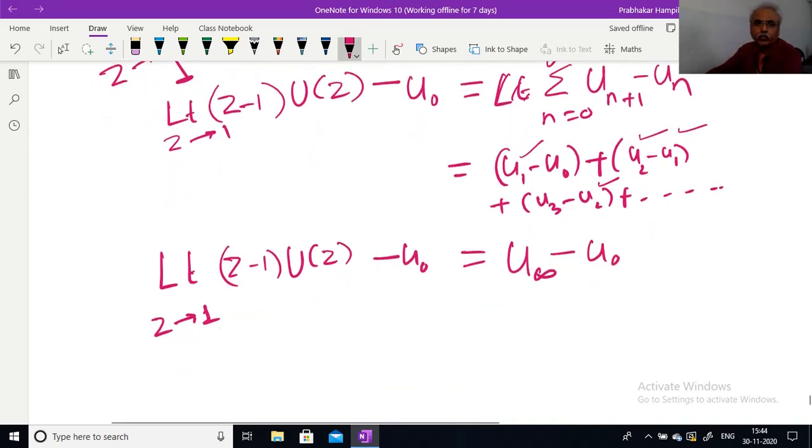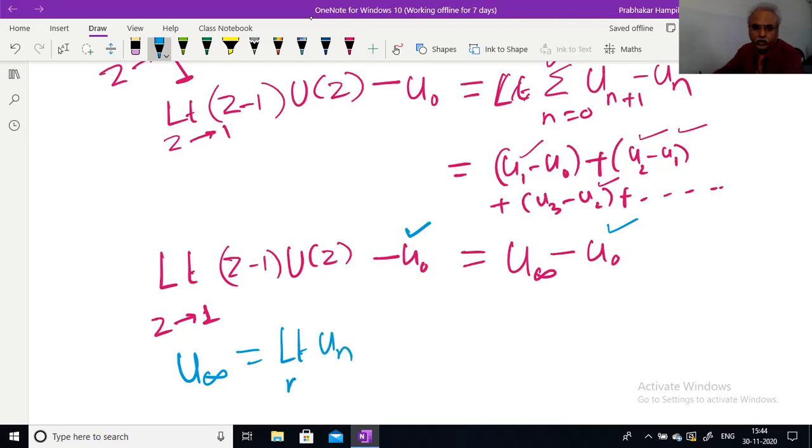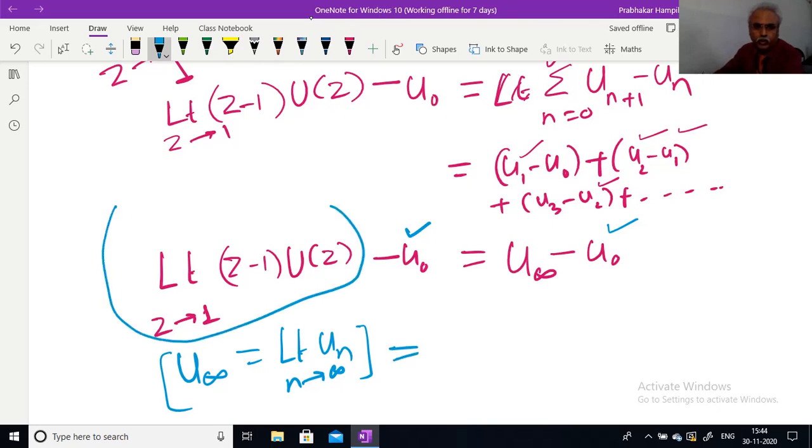But on the left hand side we also have minus u naught, and on the right hand side we have minus u naught. If we cancel both, instead of writing u infinity we write the nth term as n tends to infinity. So u infinity means the last term, the final value theorem, or u_n as n tends to infinity. Both of these are the same, equal to the remaining part, which is the limit as z tends to 1 of (z minus 1) u(z).